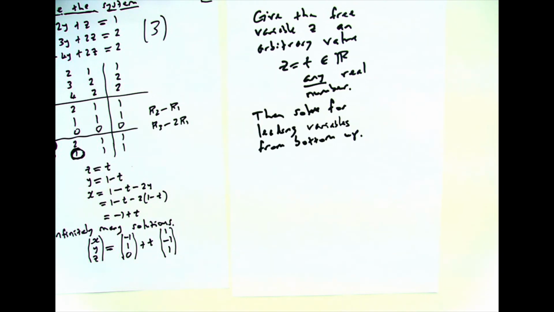So what I could do is try and say something about the Gauss-Jordan form. Once you've finished reducing to row echelon form, you can still continue your reduction to Gauss-Jordan form.